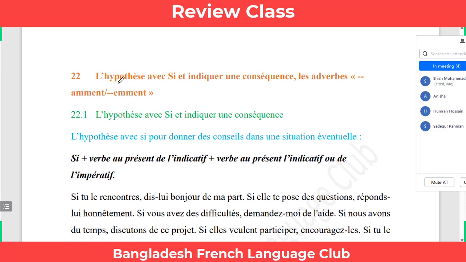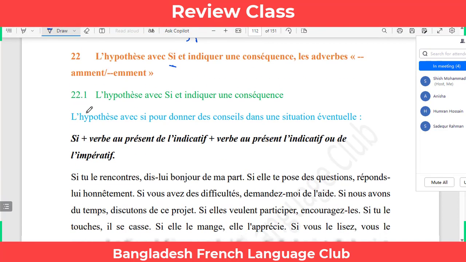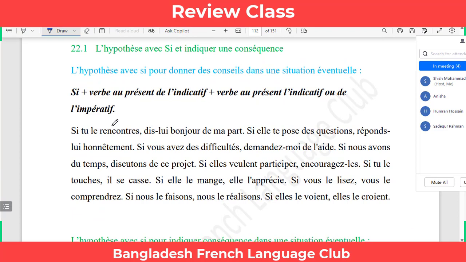Now this is l'hypothèse avec si, and it indicates a consequence. The hypothesis with si. Si means if in French. This si is used in sentences with if.